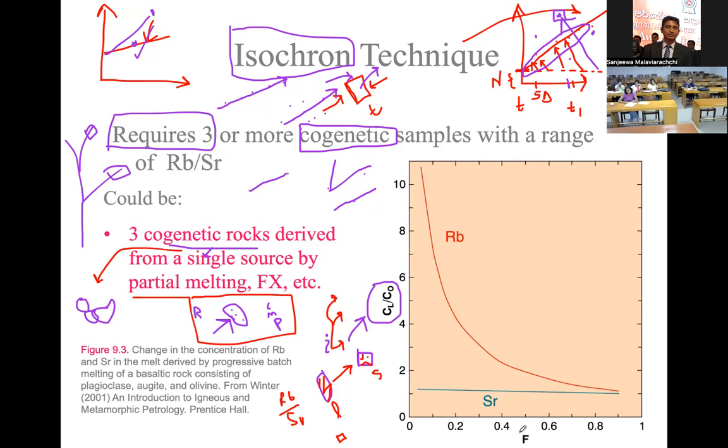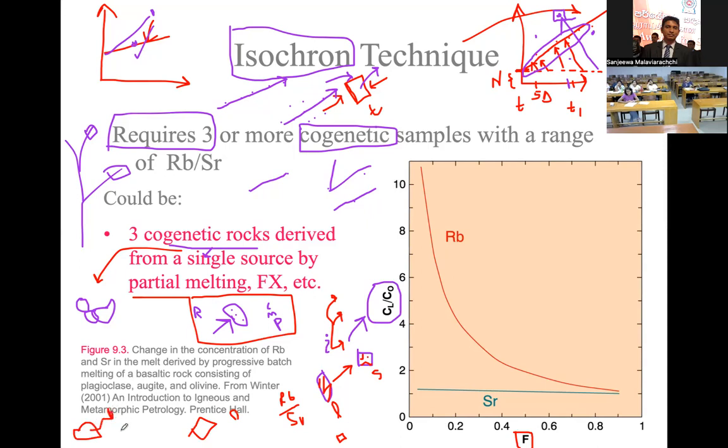So F means here the different degree of melting if you consider partial melting, or otherwise the different degree of crystallization if you take fractional crystallization. That means the whole melt might not crystallize a large amount of solids. Or if it is melting, the solid residue which goes on melting will not produce a large amount of liquid at that time.